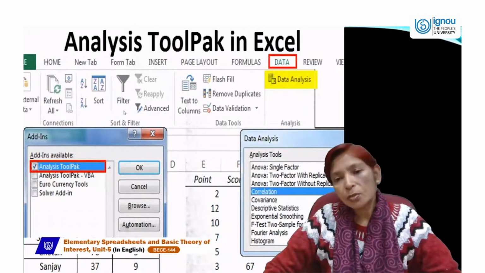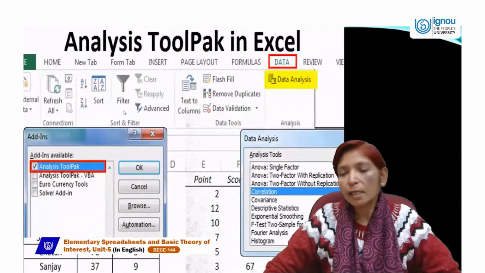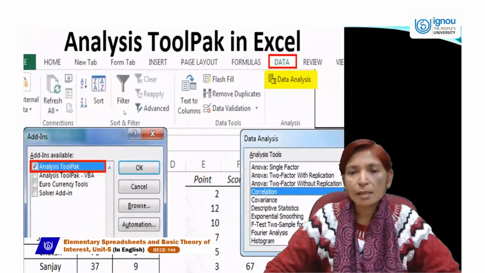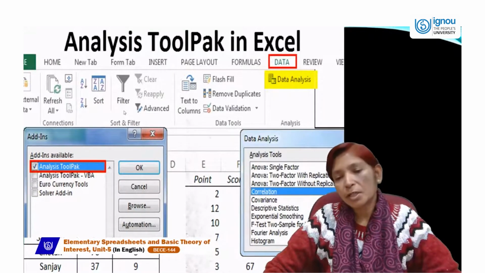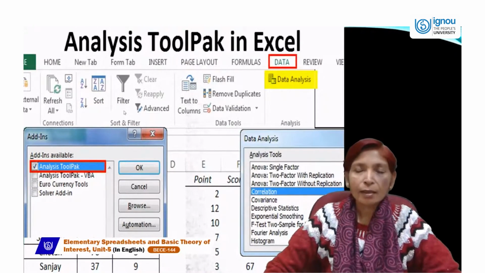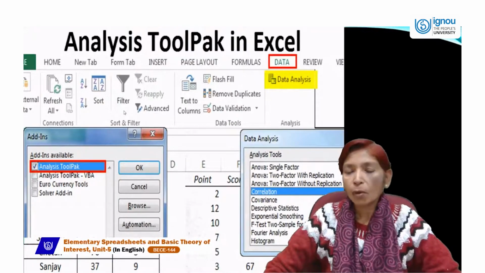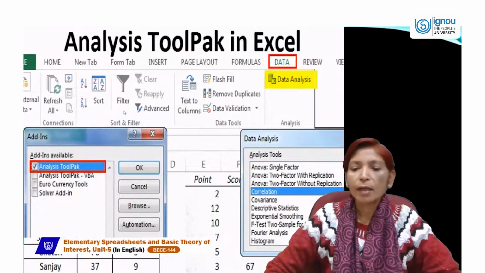These analysis tools are like ANOVA single factor. Here ANOVA is analysis of variance. We can use ANOVA single factor, ANOVA two factor with replication, ANOVA two factor without replication, correlation, covariance, descriptive statistics, exponential smoothing, F test two sample for variance, Fourier analysis, and histogram.